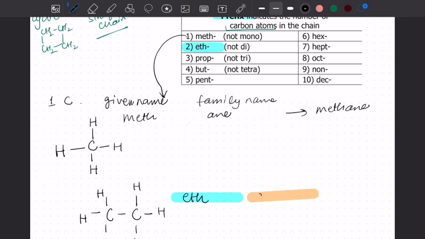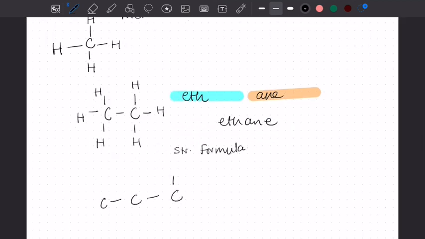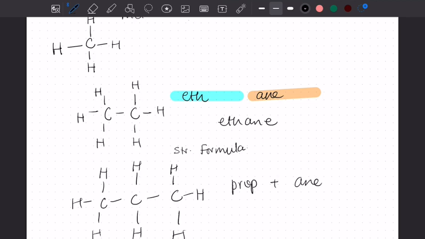Family name ane, put them together, the name becomes ethane. So let's very quickly take a look at propane. It has 3 carbon atoms. Prop is the prefix for 3 in organic chemistry. Again, it is not tri as we do in inorganic chemistry nomenclature.